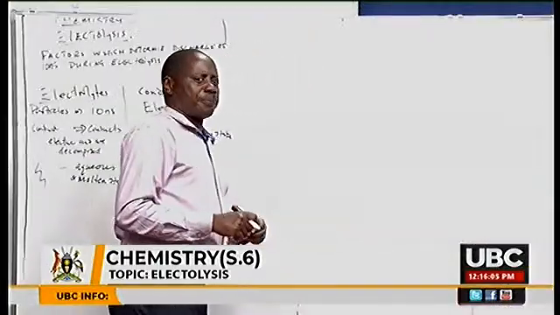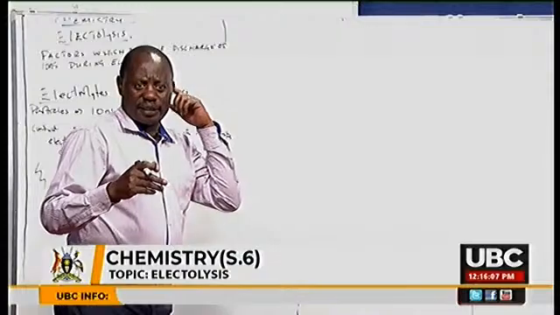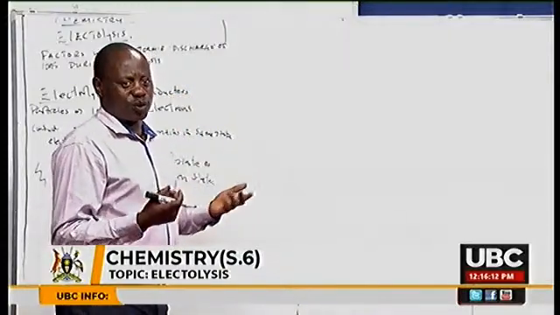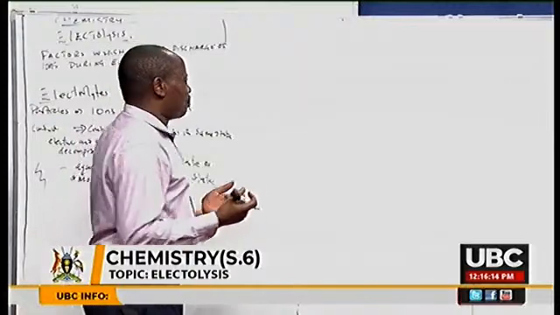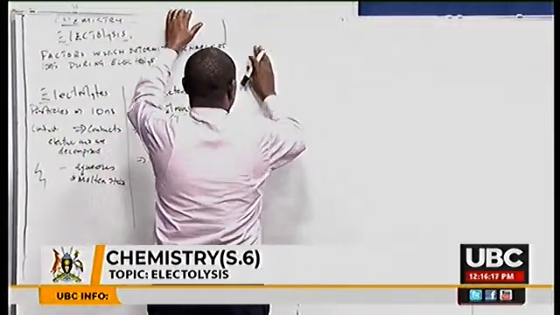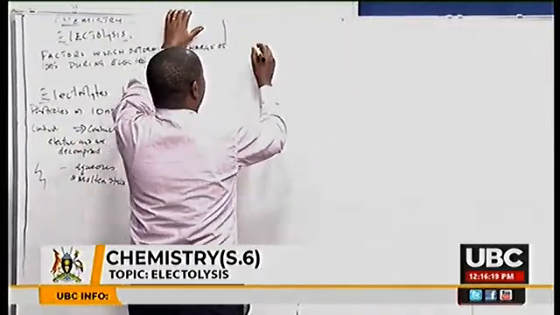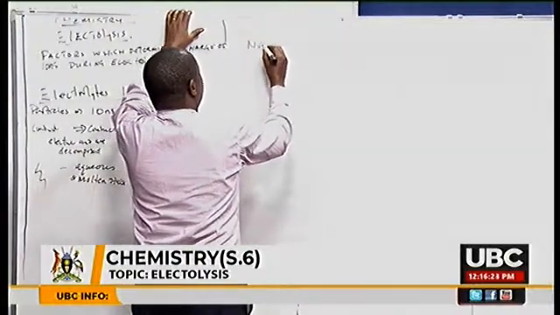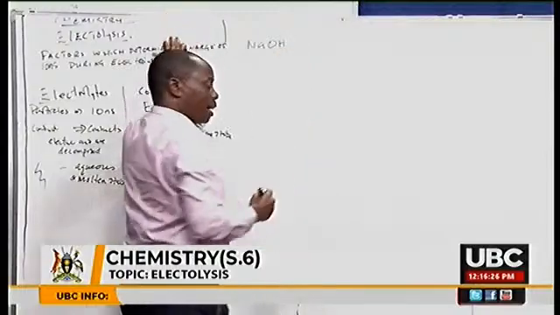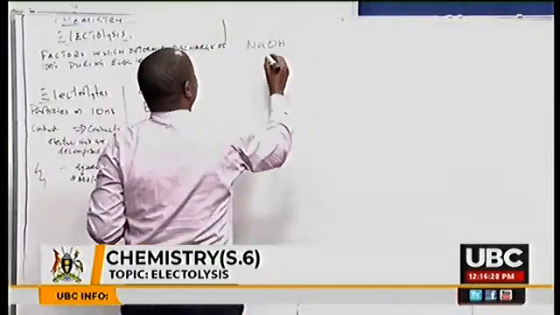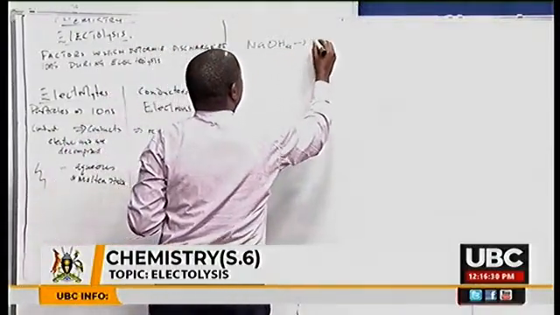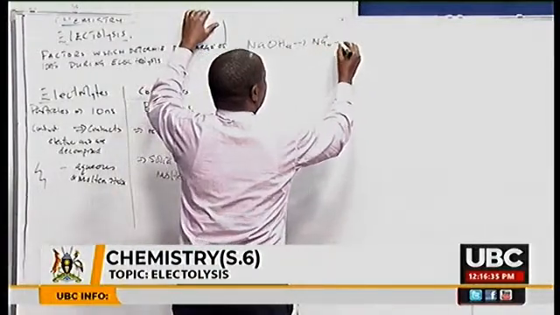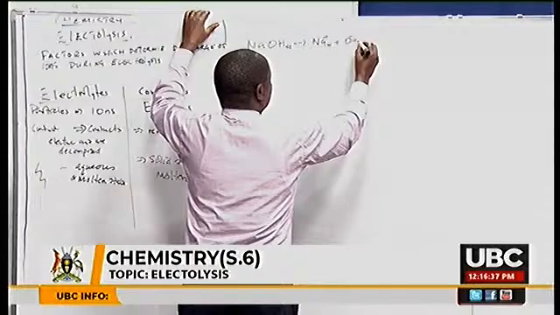You see, in a poly electrolyte, we have more than 2 ions. Take an example. If we have sodium hydroxide and we dissolve it in water, we shall form sodium ions plus hydroxyl ions.